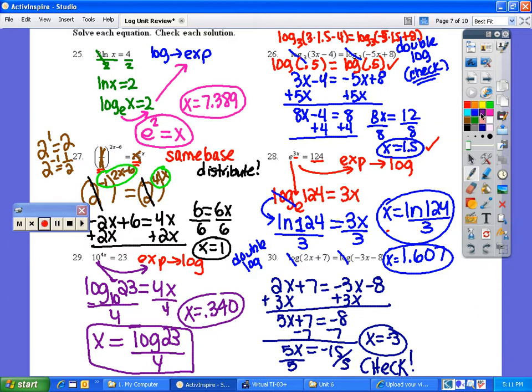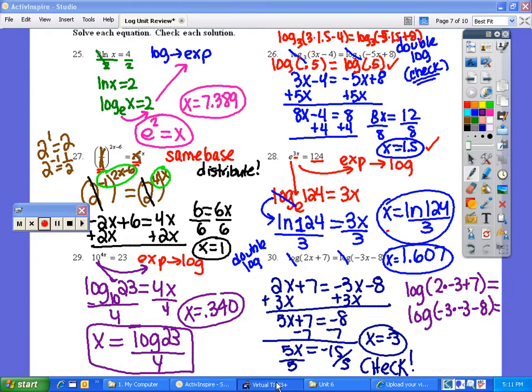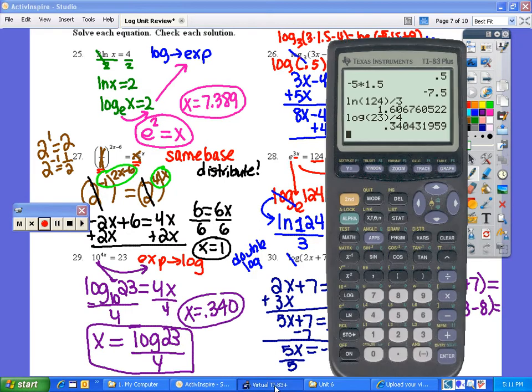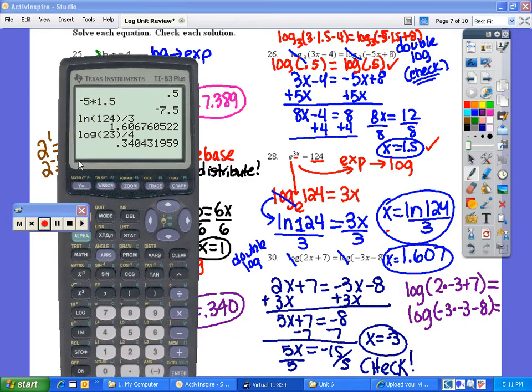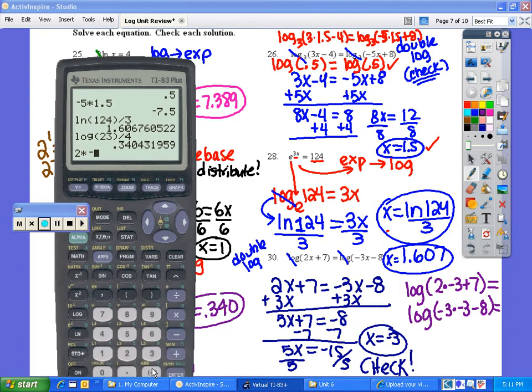So when you check, you're going to do log of 2 times negative 3 plus 7 should be equal to log of negative 3 times negative 3 minus 8. So when you put this in your calculator, you get 2 times negative 3 plus 7.